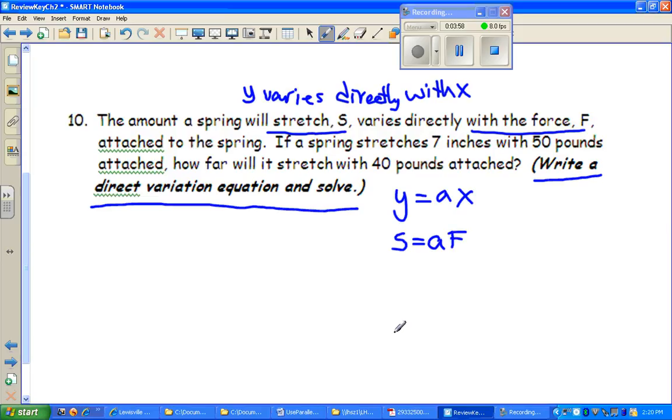Now I'm just going to figure out what a is. If a spring stretches 7 inches, so that's the stretch, with a force of 50 pounds attached, then if we attach 50 pounds, the spring stretches 7 inches. We're going to figure out what a is by dividing by 50.